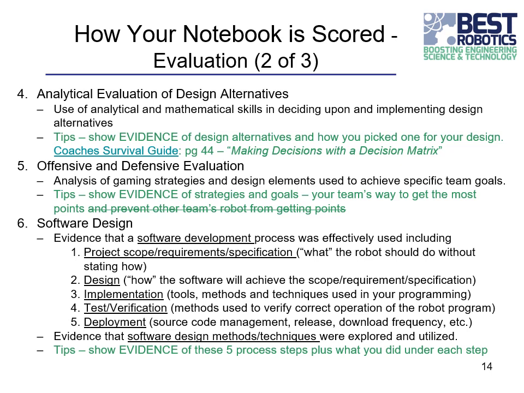Let's start with analytical evaluation of design alternatives. So what you're looking at here is part of your brainstorming or prototyping as you're considering options, which you should call alternatives so that judges can find them. You will be evaluated to see how well you analyzed it and what math skills you used to evaluate.